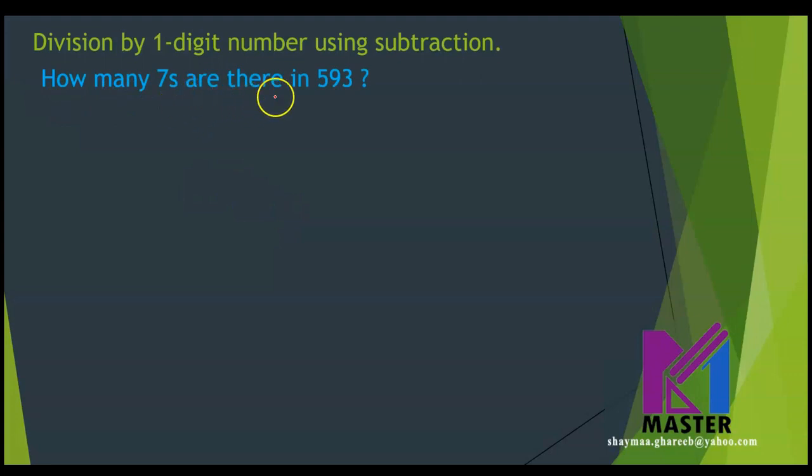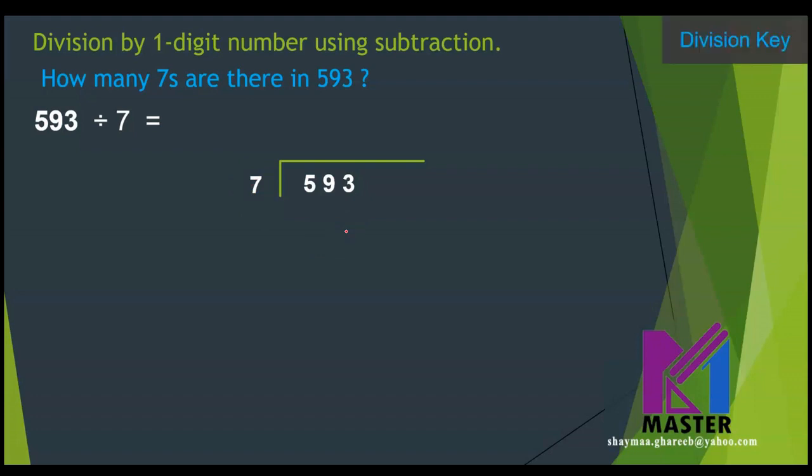How many sevens are there in 593? We said it means I'm going to divide the 593 by 7. I will do the division sign. 593 under the division sign, then the divisor on the left. Then I will start to think of multiples of 7 using my key, starting with 7 times 10, which is 70.